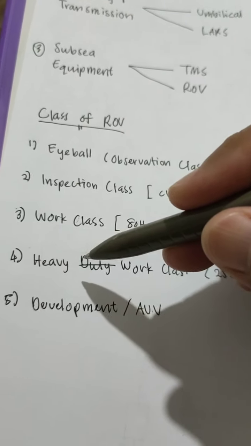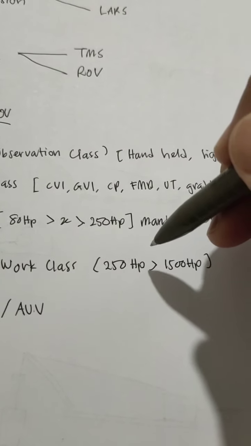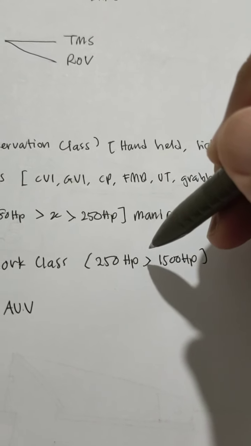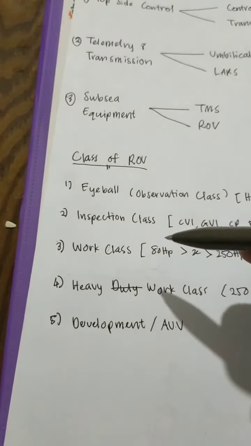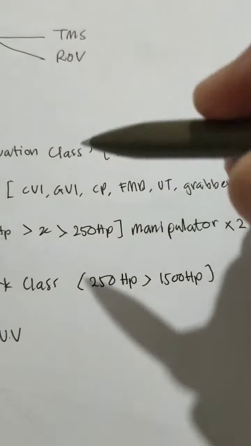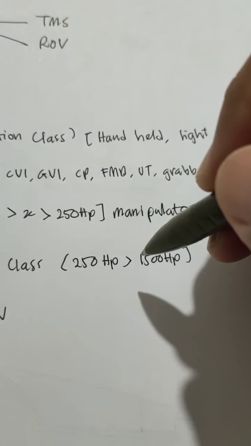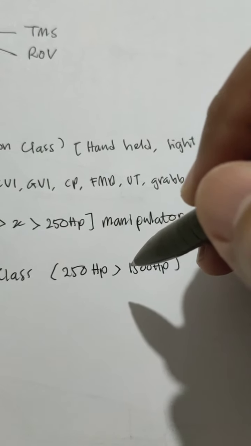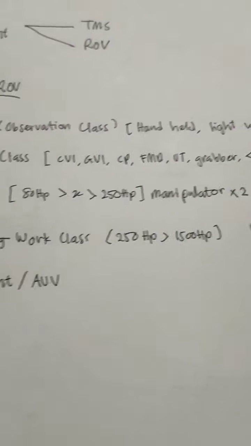For heavy work class, the characteristic is that it has much larger power than work class, which is 250 horsepower and larger.